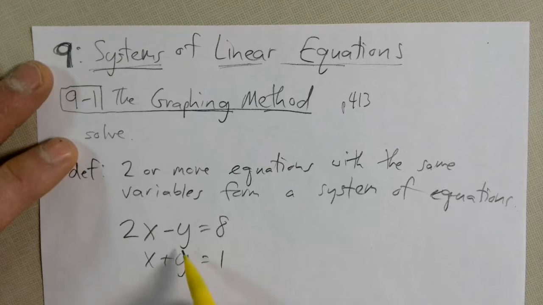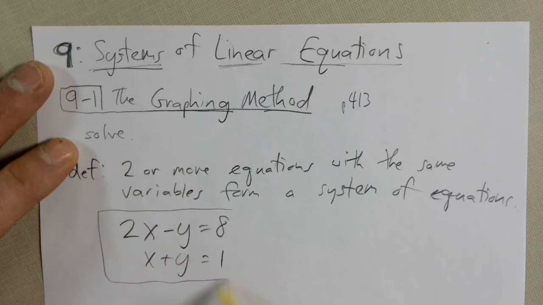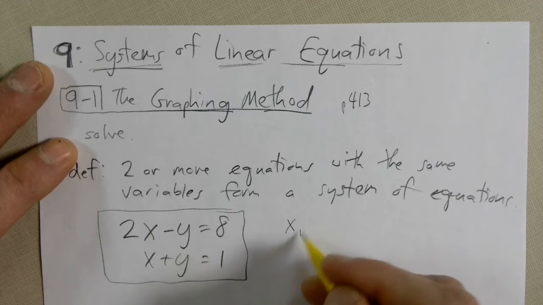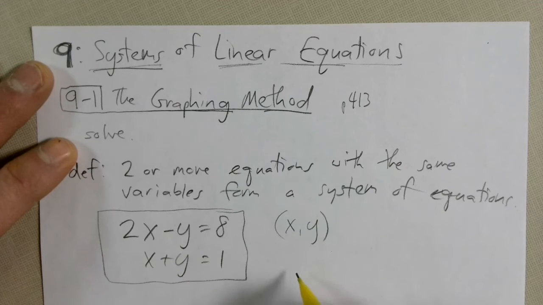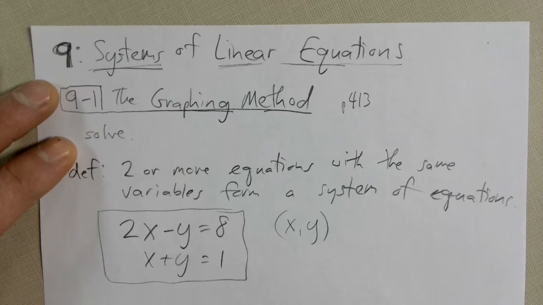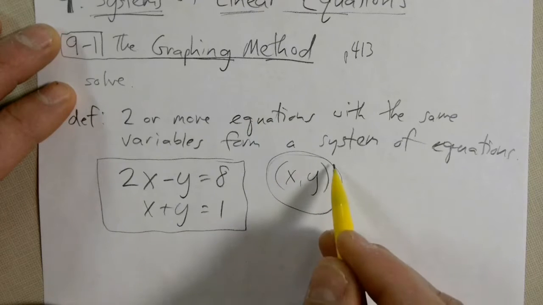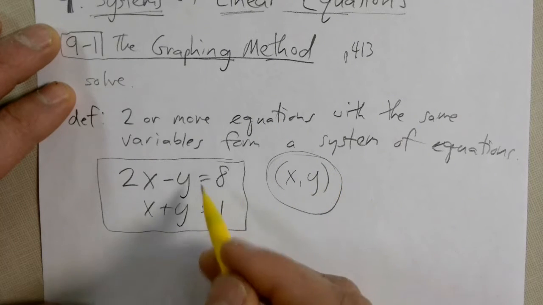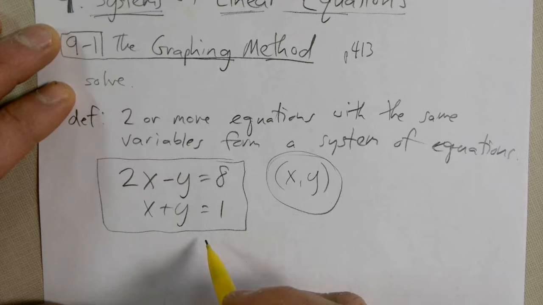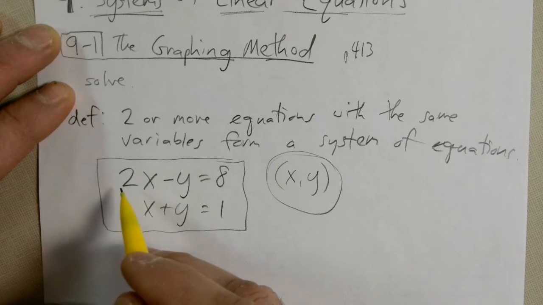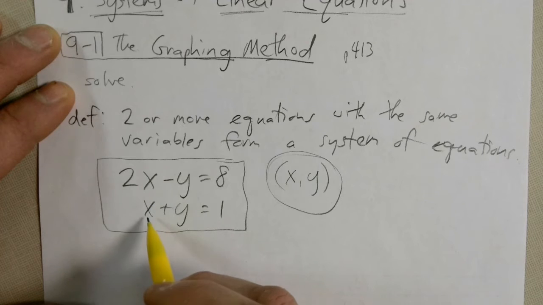To solve a system like this, we need to find all the x-y pairs that are true for both of them at the same time. Since this solution set will satisfy both equations at the same time, they sometimes call the system a system of simultaneous equations.